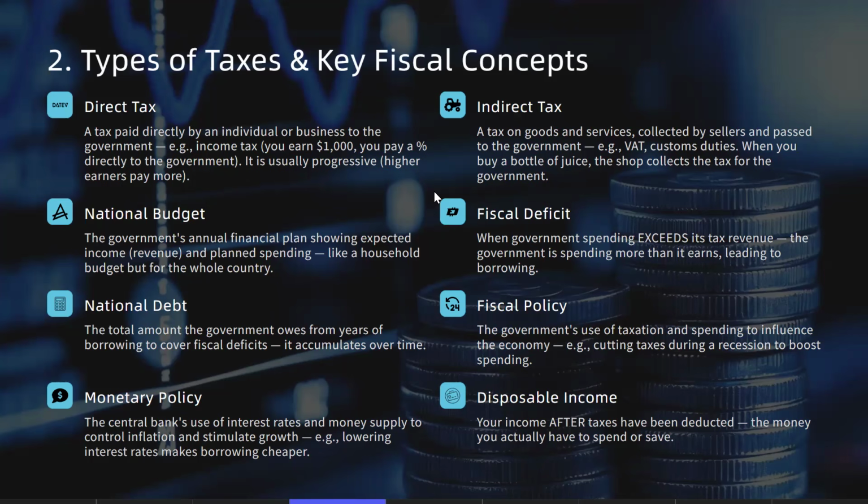It's their plan on how they're gonna get money and how they're gonna spend it. National debt now is the total amount of money that the government would owe. It could get larger or smaller over time according to if they're owing people more, or if they're paying off their debt.